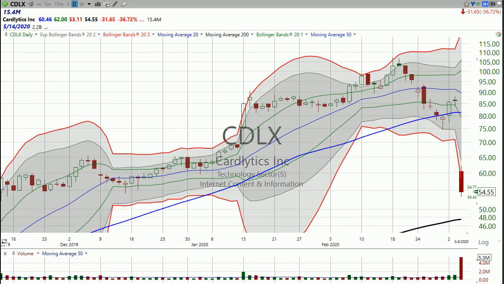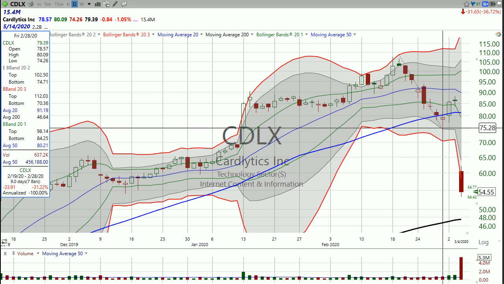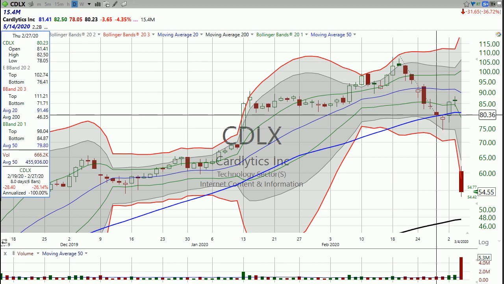So now we have this in a little different situation, though. This didn't fall down out of a squeeze. These were kind of wide to begin with. The stock was trading in a 30% range from top to bottom.